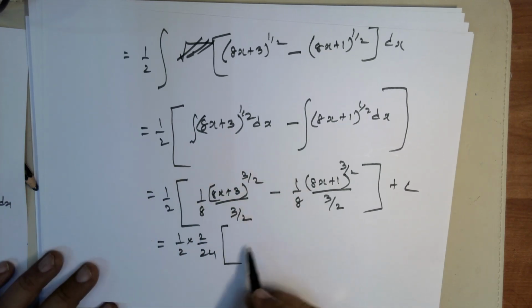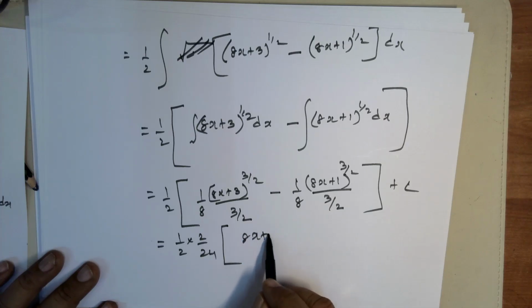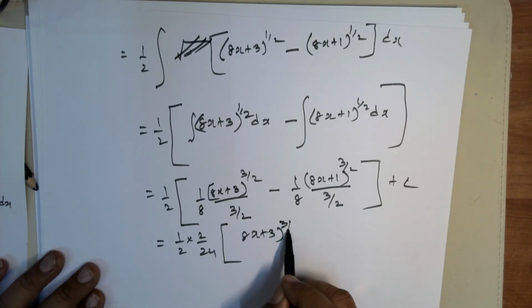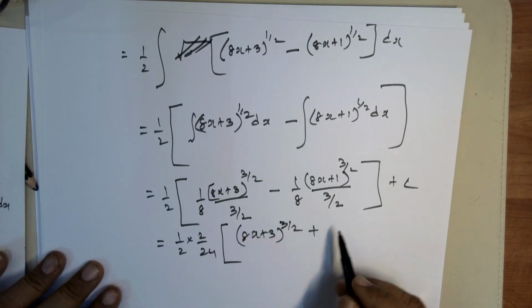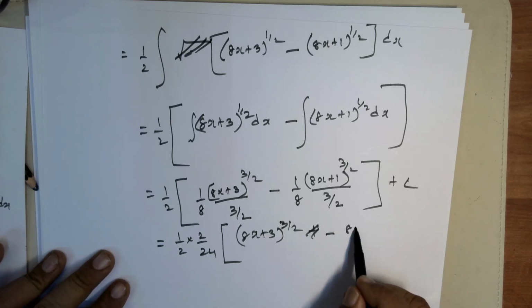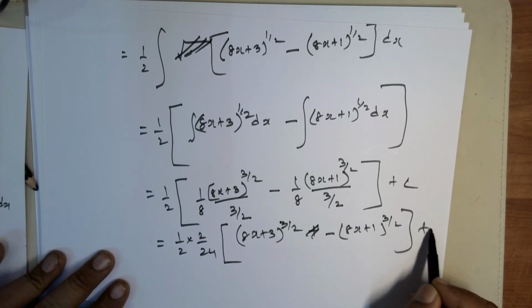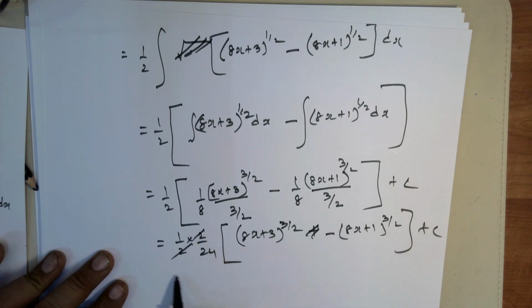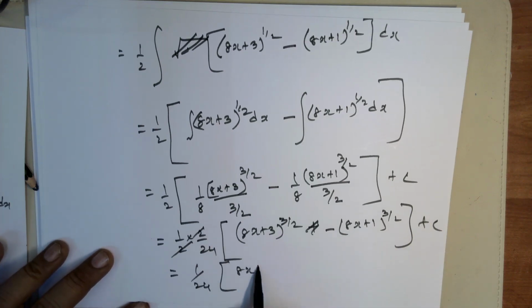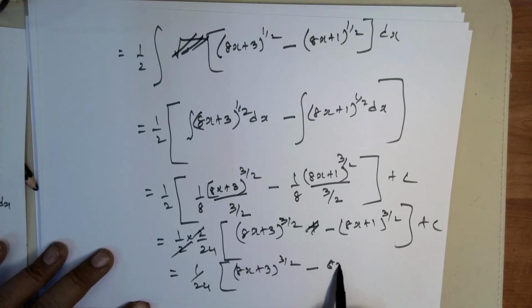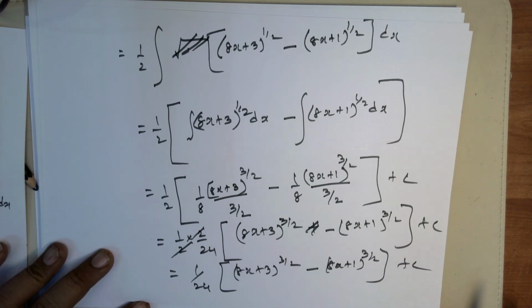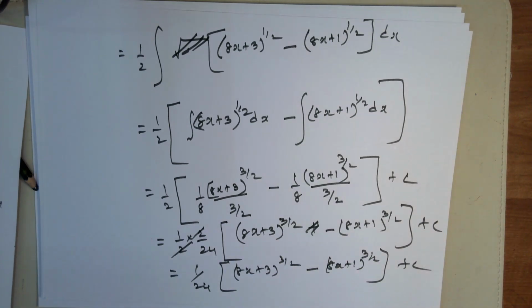Now you have only (8x plus 3) whole power 3 by 2 minus (8x plus 1) whole power 3 by 2, plus the integral constant c. So now the 2 cancels. So 1 by 24 into (8x plus 3) whole power 3 by 2 minus (8x plus 1) whole power 3 by 2, plus the integral constant. So this is the way to solve it. Okay.